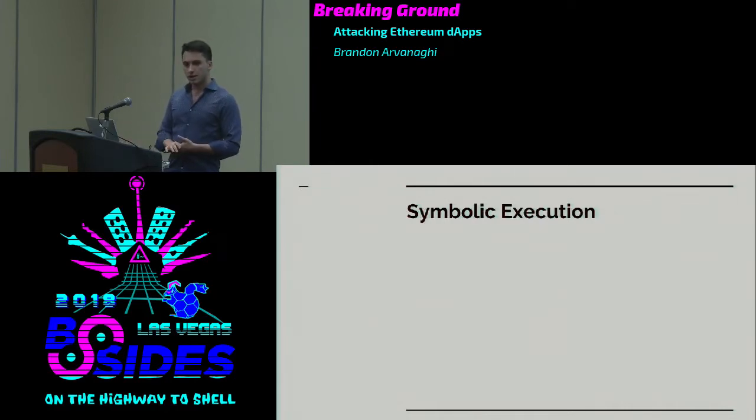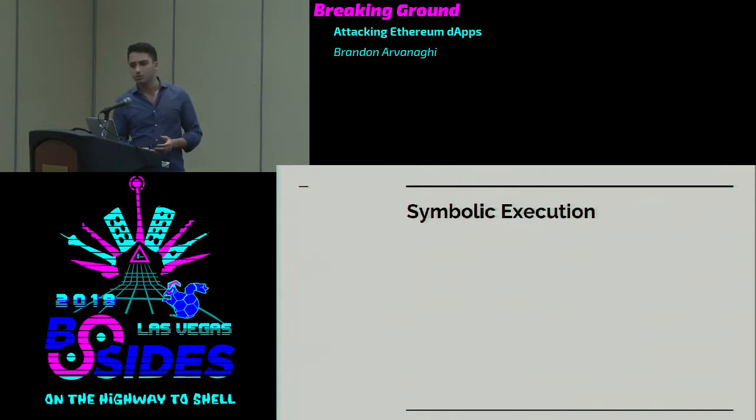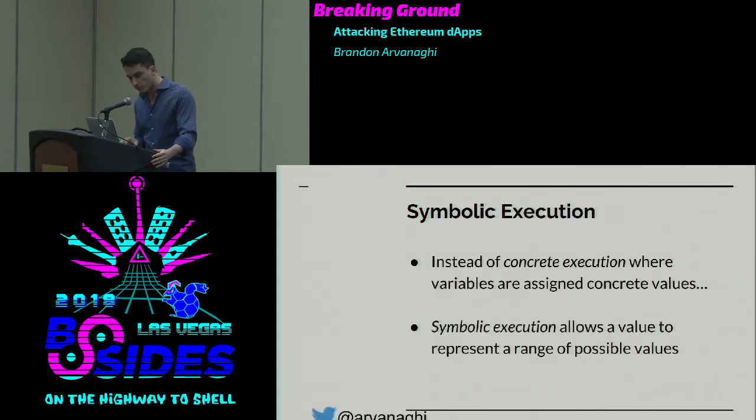Symbolic execution is a really powerful tool to use towards auditing smart contracts. I'm going to go over a brief example of what it is and some tools out there that employ it. So instead of concrete execution, where variables are given concrete values like 4 or 5 or 6, symbolic execution allows you to parse through a program and provide a symbolic value.